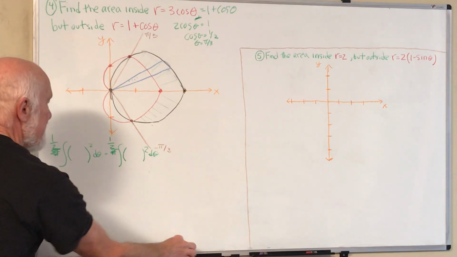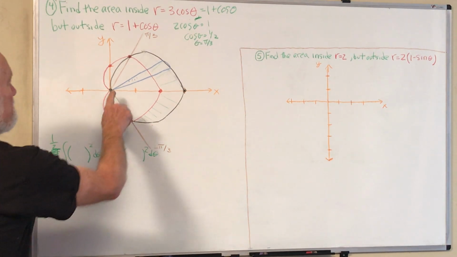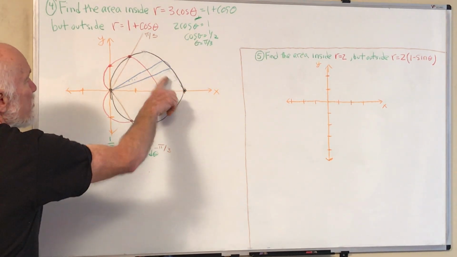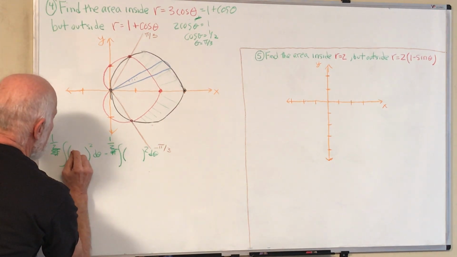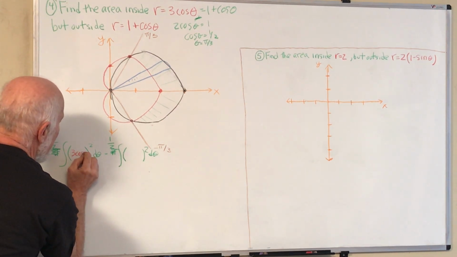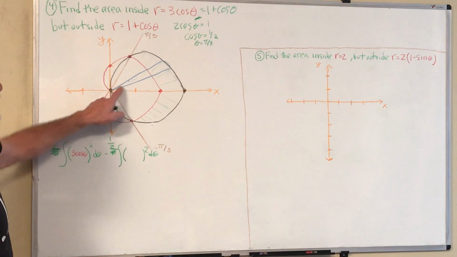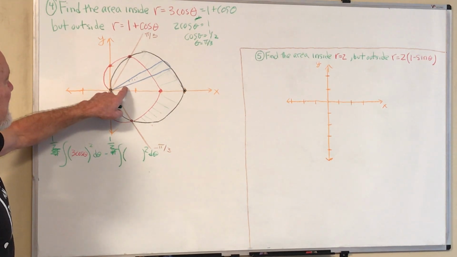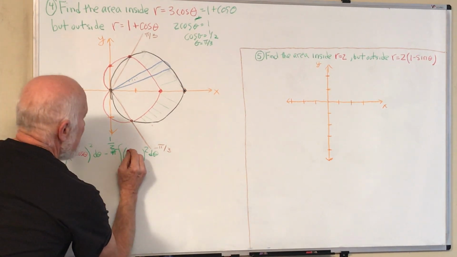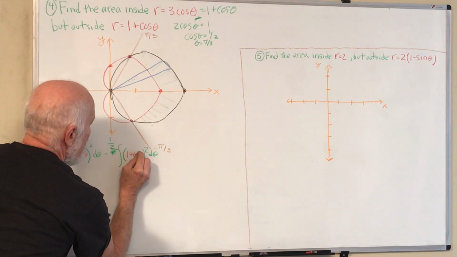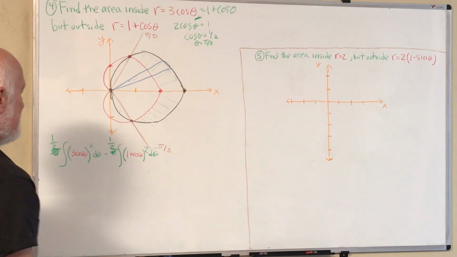I forgot my formula there. So what is my big slice of pie? It came from the circle, so that's going to be 3 cosine of theta. And the little slice of pie that you're subtracting out came from the cardioid, 1 plus cosine of theta.